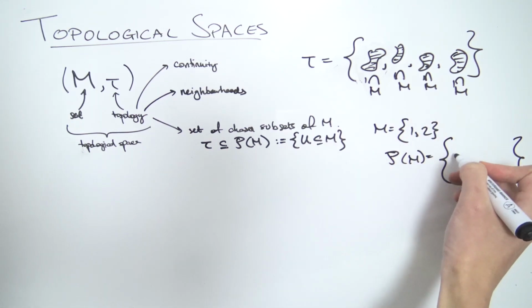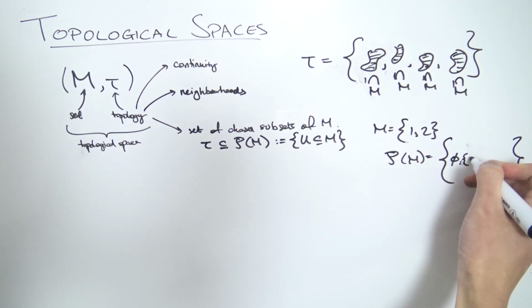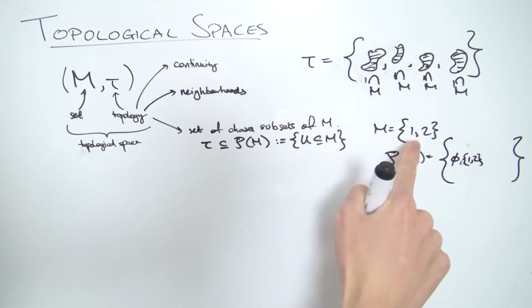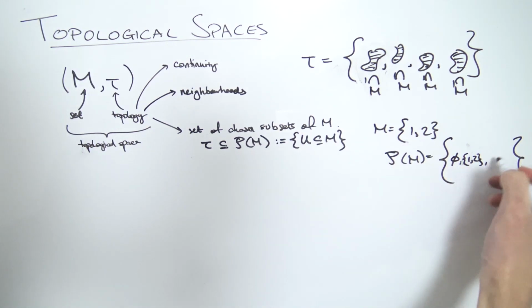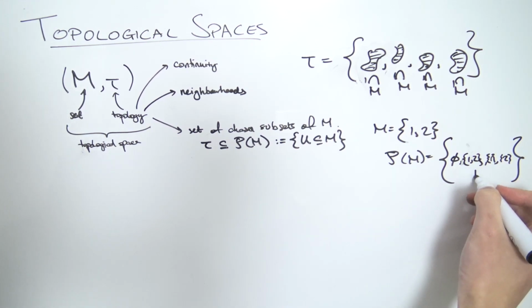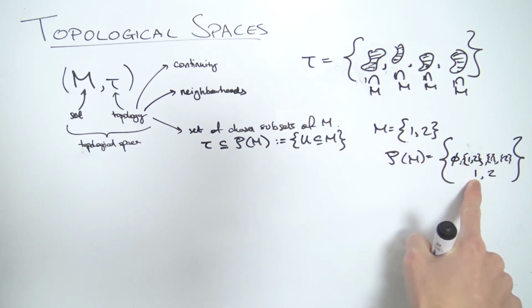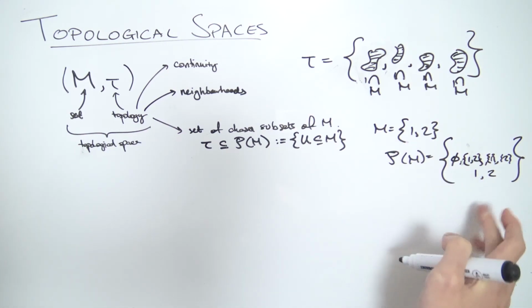So what are the subsets? Well, first of all, the empty set is in there. The whole entire set is a subset of itself, so the set {1, 2}. What other subsets do we have? Well, we have the subset containing 1 and the subset containing 2. And it's important to note that you don't want 1 and 2 inside of the set, because 1 and 2 are elements of M. These are not subsets, so they can't possibly be in your power set.